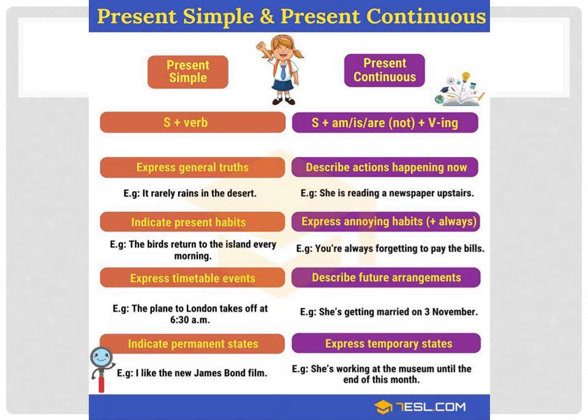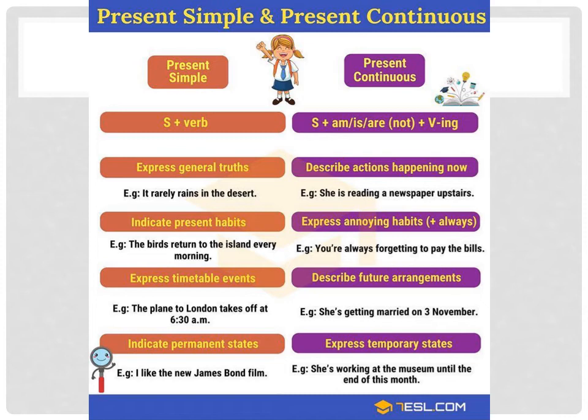And then the third one, describe future arrangements. She is getting married on 3rd November. And lastly, we use present continuous to express temporary states. For example, she is working at the museum until the end of this month.